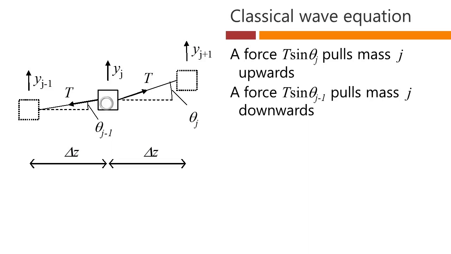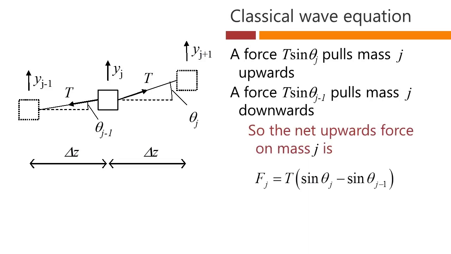Similarly, there's a force from this tension over here and this angle, a resolved component of this tension that is pulling the mass down, and that's T sin theta_{j-1}. So this component here is T sin theta_{j-1} pulling the mass downwards. So the net upwards force on mass j is T sin theta_j minus T sin theta_{j-1}.